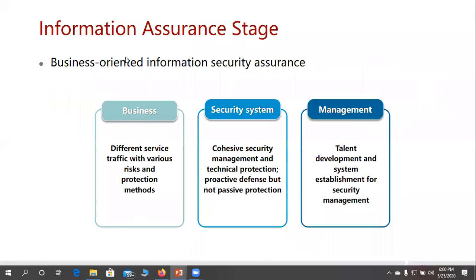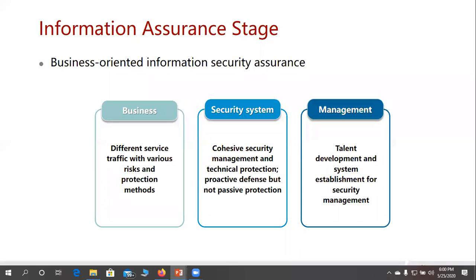Information assurance stage. So this is business-oriented information security assurance, where we have to look at business, which has different service traffic with various risks and protection methods. And then we have the security system, where we have cohesive security management and technical protection, where we talk about what is known as proactive defense.